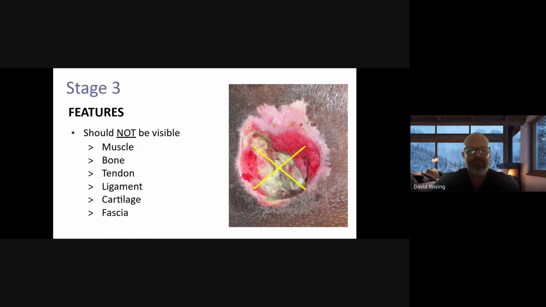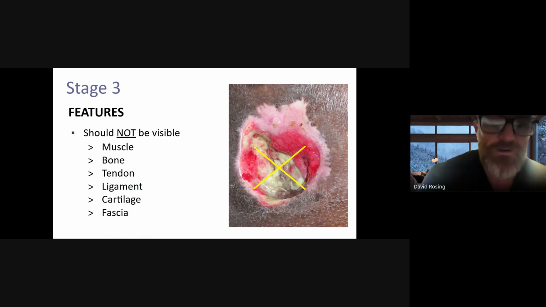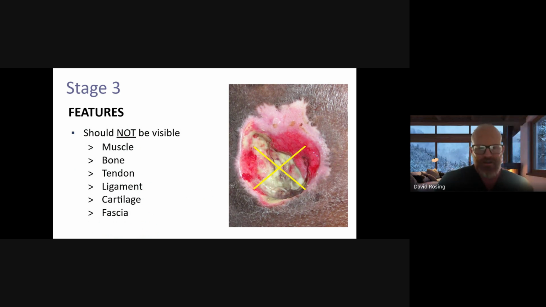You do not want to see muscle, bone, tendon, ligament, cartilage, or fascia. Any of those things mean that it's a 4. And what they're kind of seeing right here is you've got this clean, healthy scar there, healthy granulation tissue here. And then down in this area where you've got all sorts of slough, we're getting down to areas where there's definitely some muscle involvement.